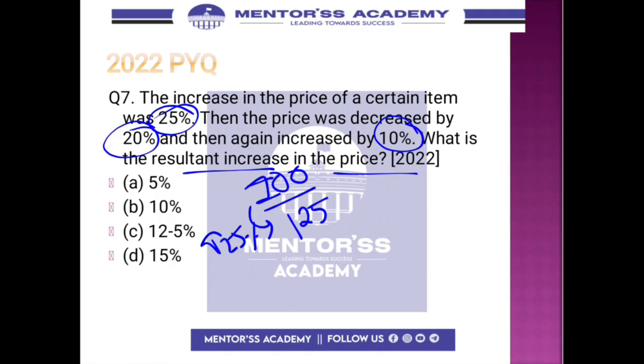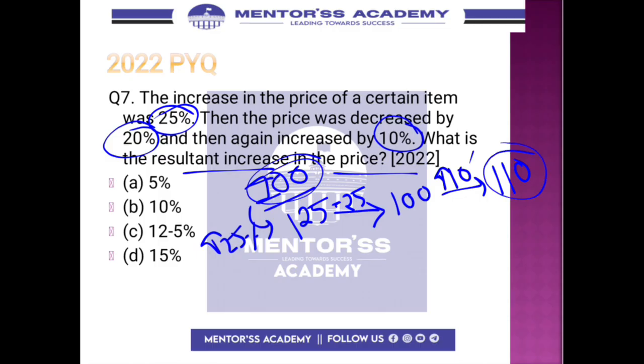Then the price is decreased by 20%. 20% of 125 is 25. It has decreased, so now it's 100. Then the price is again increased by 10%. 10% of 100 is 10, plus 10, so it would be 110.